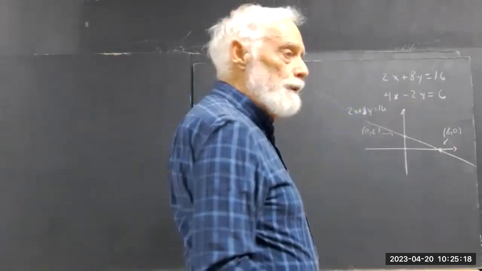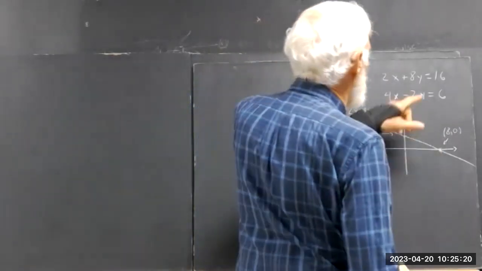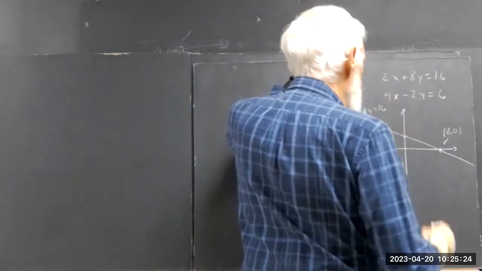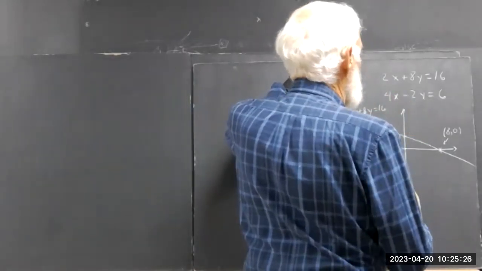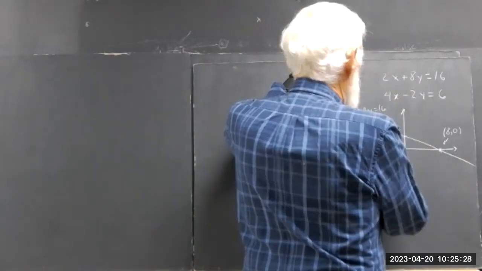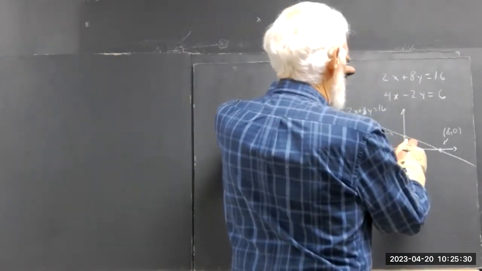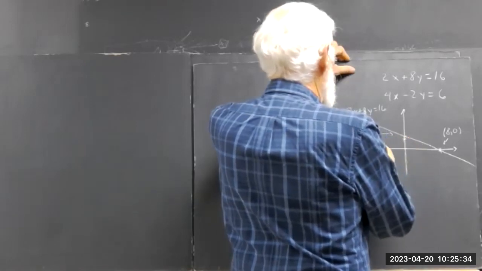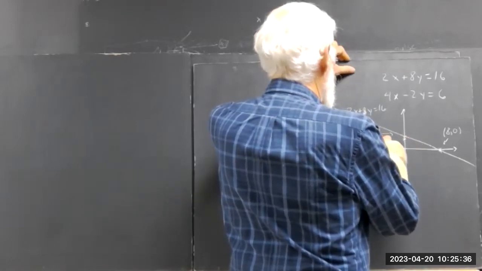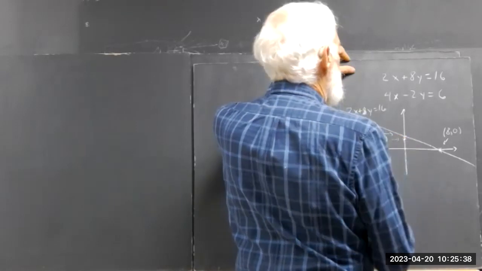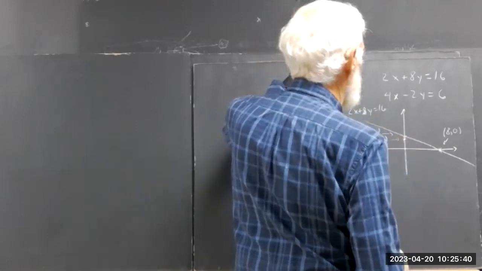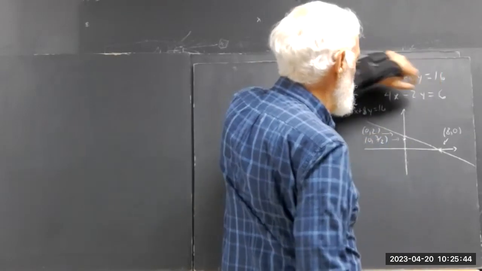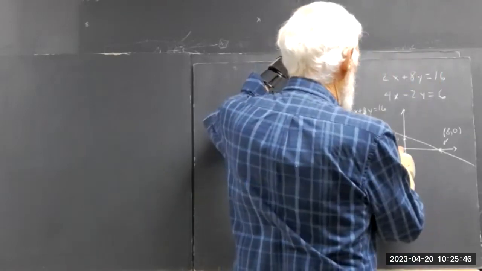I do the same thing for the second graph. If y is 0, x is going to equal 3 halves. So let's see, that's 2, here's 1, and here's 3 halves. And if x equals 0, I get negative 2y equals 6, y equals negative 3.